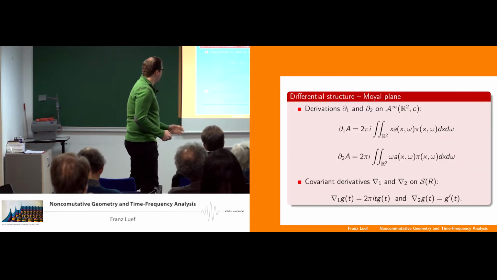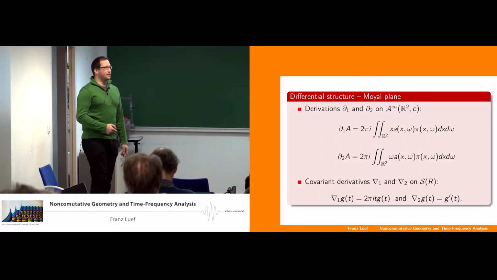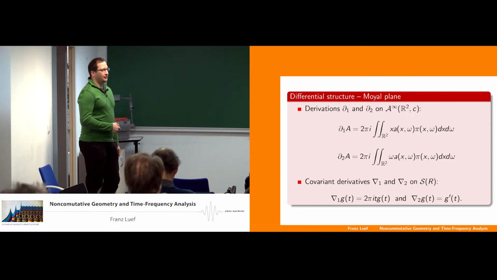So that all sounds very abstract, but now let's see what this means in this particular case. The derivations for this Moyal plane are: you take this operator and multiply it by x, and then you have this extra phase factor 2 pi i. And you do the same thing with the omega component.